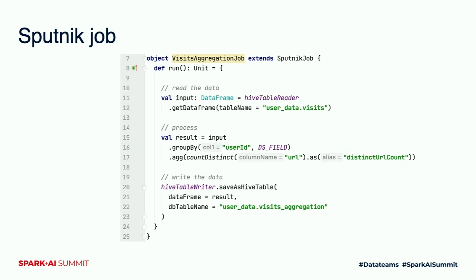You're processing your result, which is the business logic you should implement. And you write your data with the Hive table writer, where you pass your result and your table name. As you can see, you do not do anything regarding creating the Spark context or filtering out DS or specifying how exactly to write your data to Hive. All this logic is handled by Sputnik.